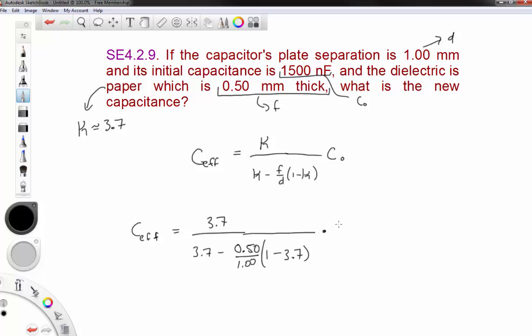And all of that is times 1500 nanofarads. So when you plug all that into the calculator, it's going to give you about 2,360 nanofarads.